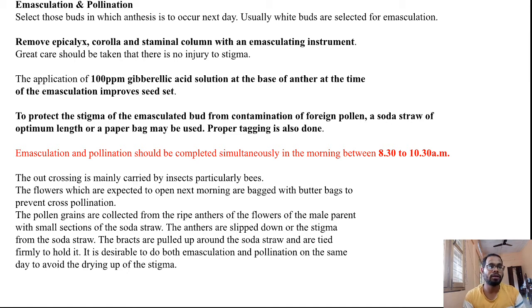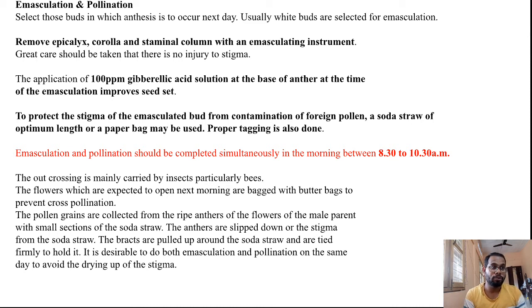After that, the corolla, the petals in the flower, which may be white or yellow in color. After that, we have to remove this. And after that, the staminal column, which is the column of stamens present in the flower. So we have to remove these three parts. First is apicalyx, after that corolla, and finally the staminal column.